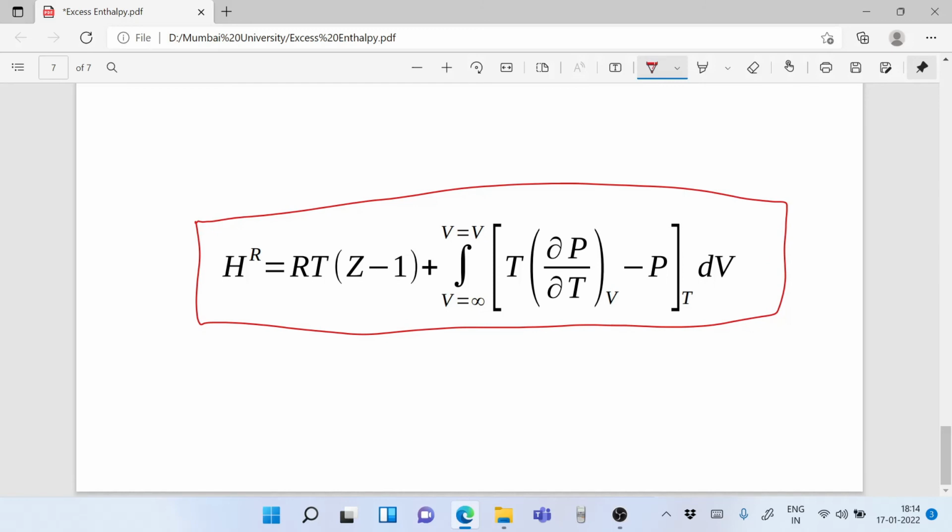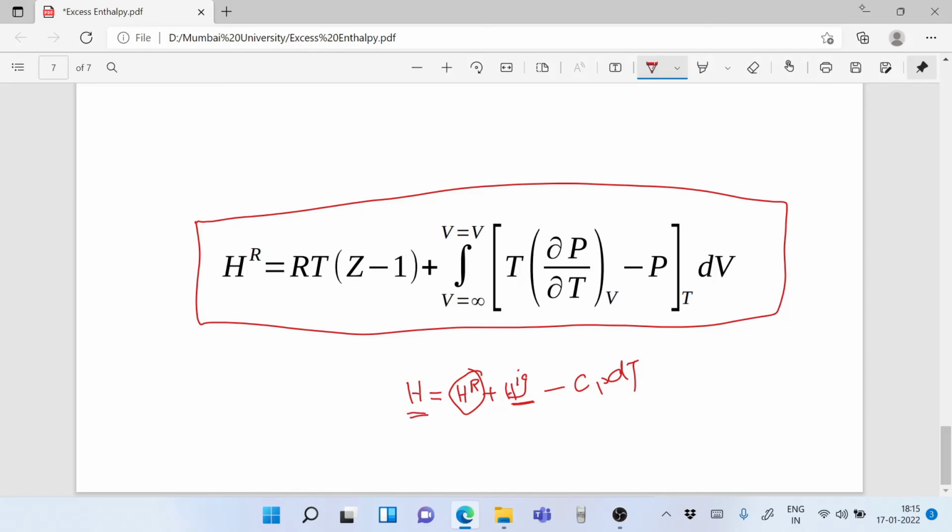Now, you would wonder, why do we go through all this rigmarole? Remember, if we have an equation for calculating the residual enthalpy, then the enthalpy of the real fluid is equal to the residual enthalpy plus the enthalpy of the ideal gas. The ideal gas enthalpy is already calculable using Cp dT.